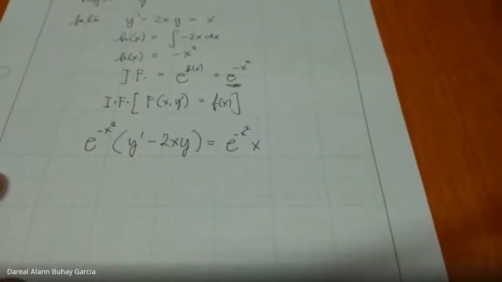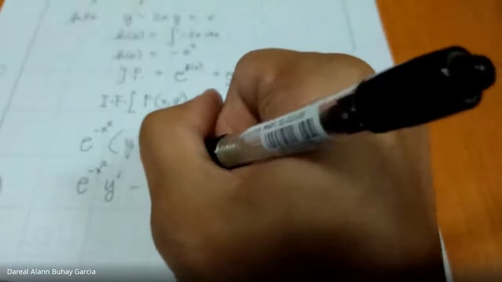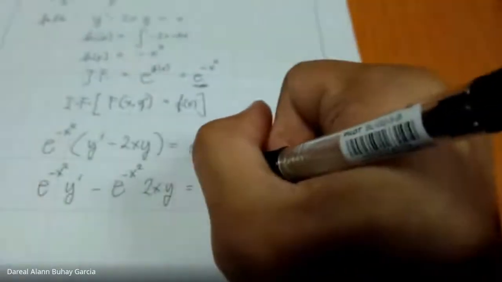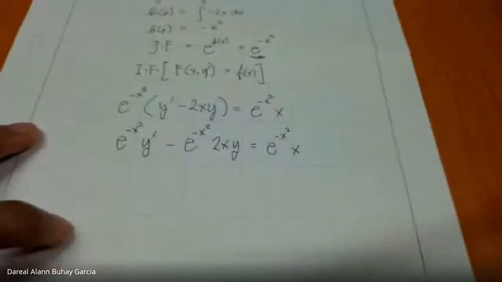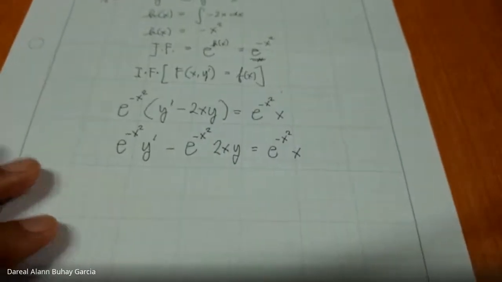Meaning multiply both sides of the equation. So distribute: e negative x squared y prime minus e negative x squared 2xy is equal to e negative x squared x. Okay. Look at this closely, the left-hand side of our equation.